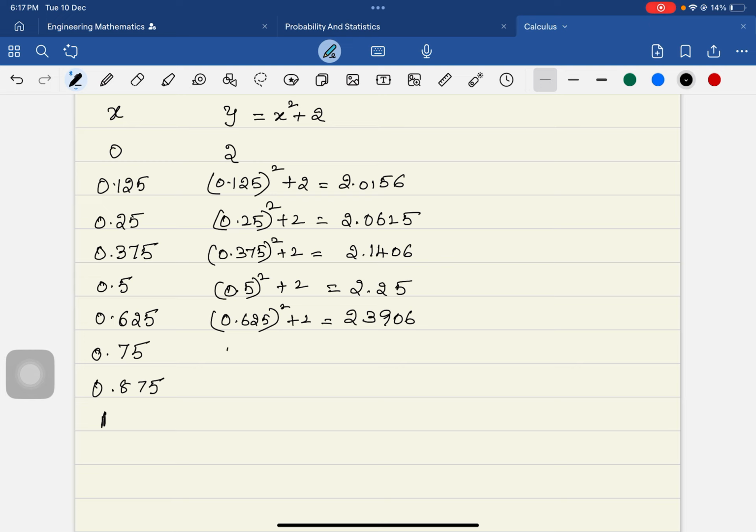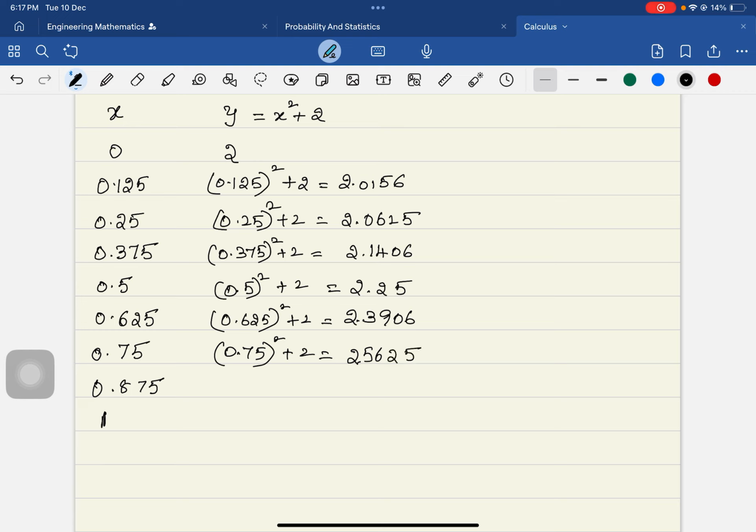2.3906. Now 0.75, that means 3 by 4 the whole square, 9 by 16 plus 2, means 9 plus 32, 41 by 16, and that gives you 2.5625.